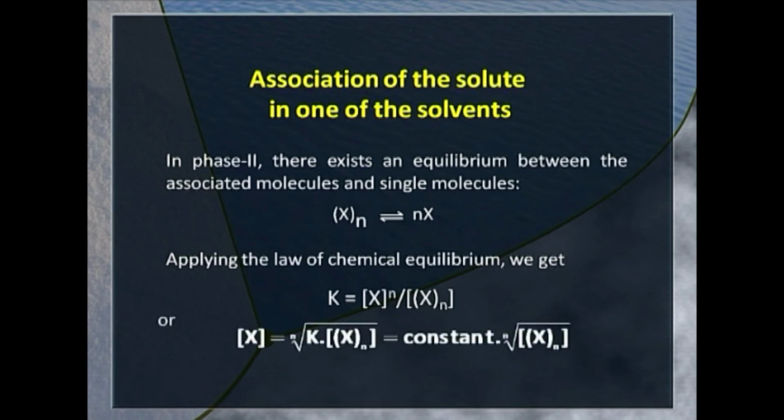We can rearrange this equation so that we get concentration of X equal to nth root of K into concentration of the associated molecules, that is equal to constant into nth root of concentration of the associated molecules.